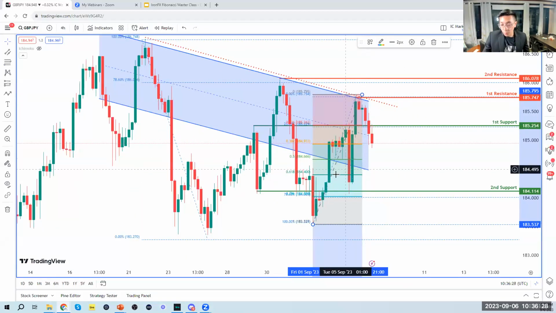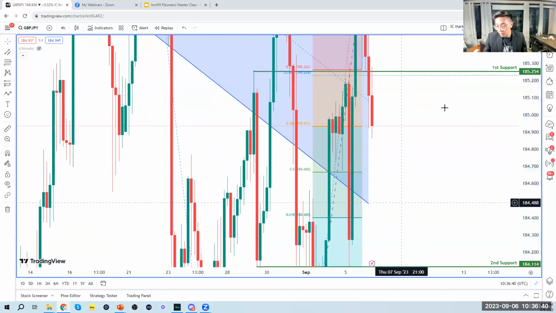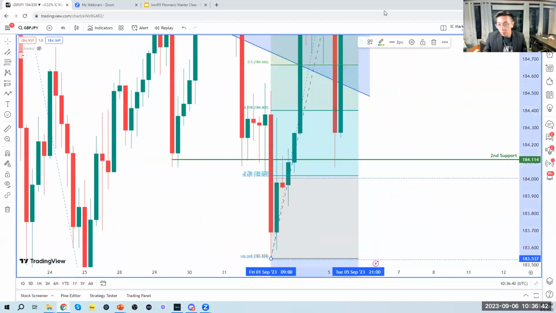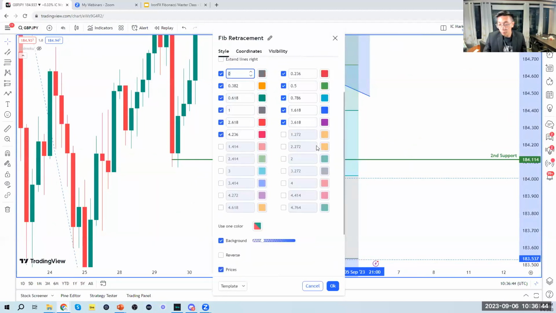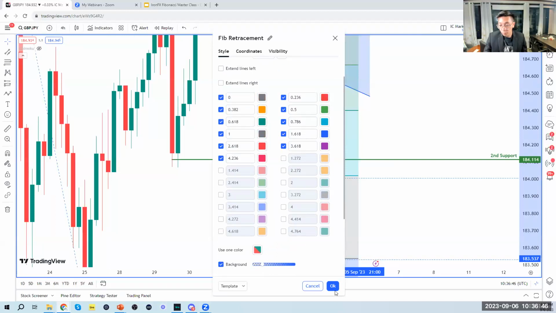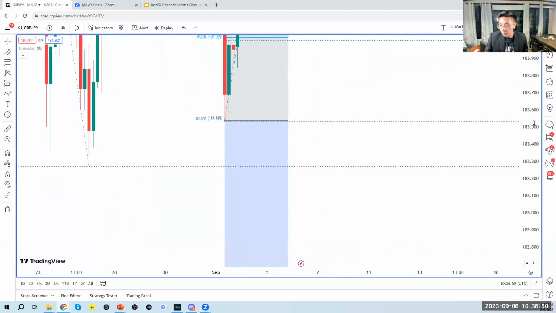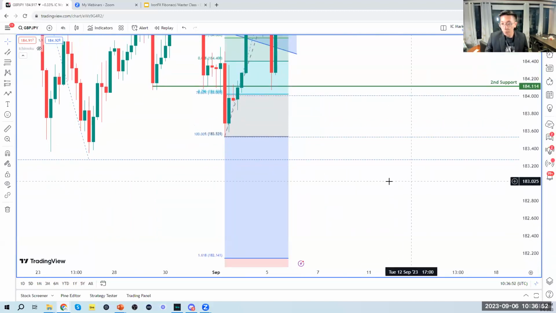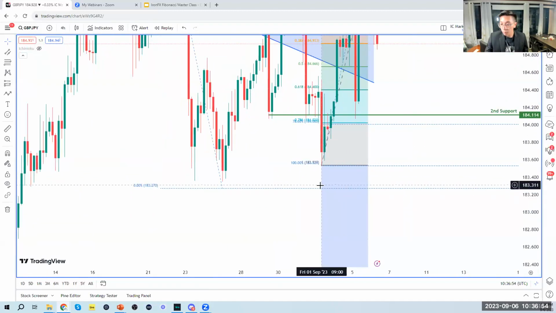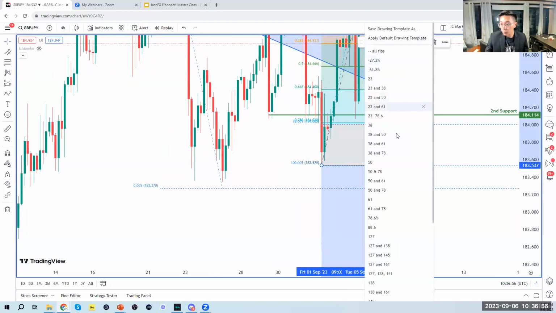All right, so we can see previously price reacted off this 78.6% Fib retracement and 78.6% Fib projection. Not sure if you guys can see this. Let me filter this out.